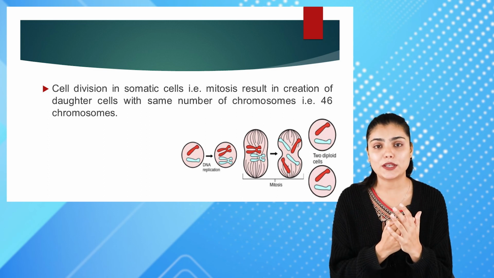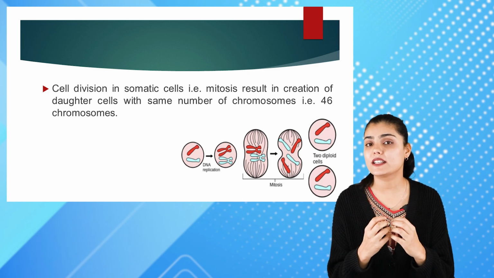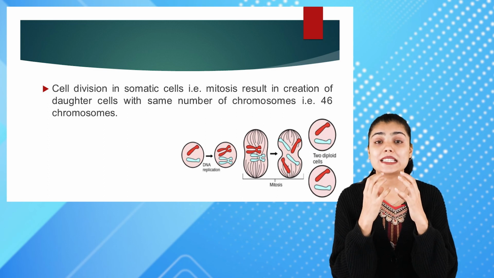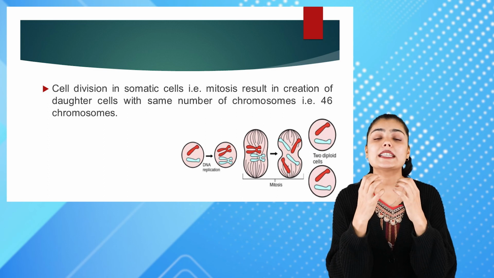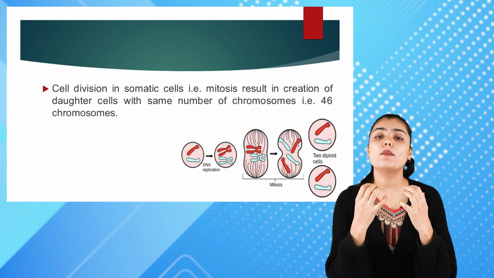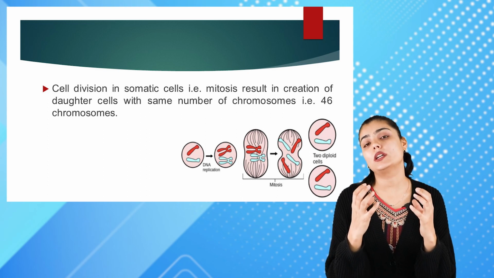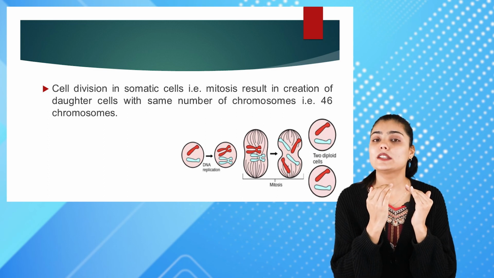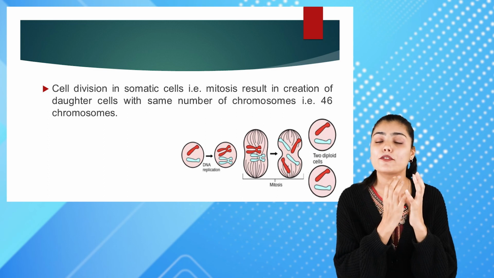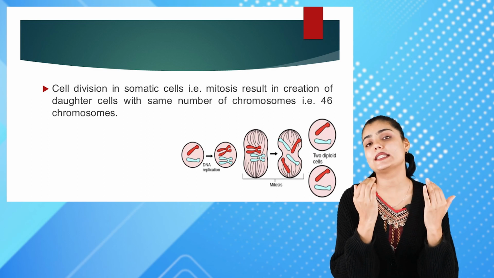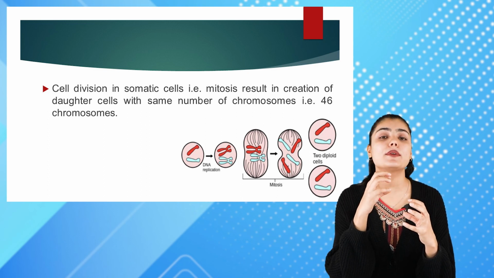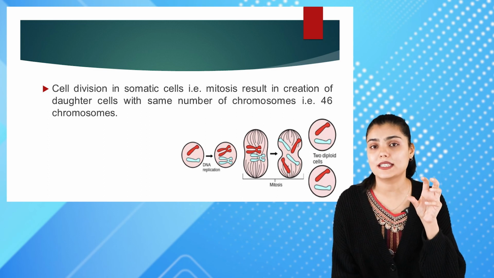During mitosis, the cells in the human body divide and form daughter cells with an equal number of chromosomes in both daughter cells. Mitosis takes place in somatic cells, and the daughter cells that we get will have the same number of chromosomes as the mother cell.